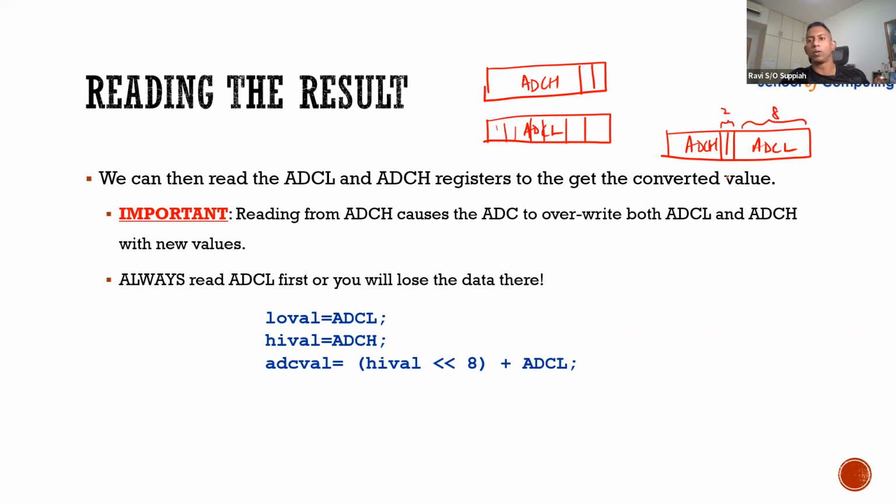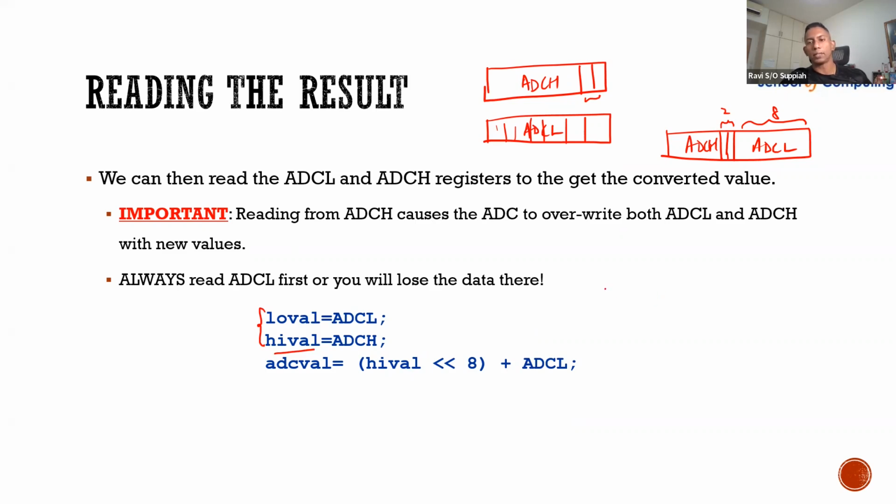That will give me the full 10 bits for the answer. In order to do that, I need to shift the answer in the ADCH register to the left by 8. Before that, I assign them to 2 variables, and then I shift the high value to the left by 8.